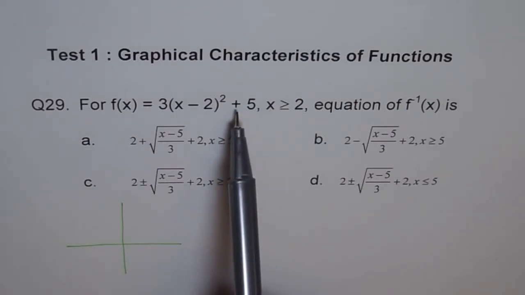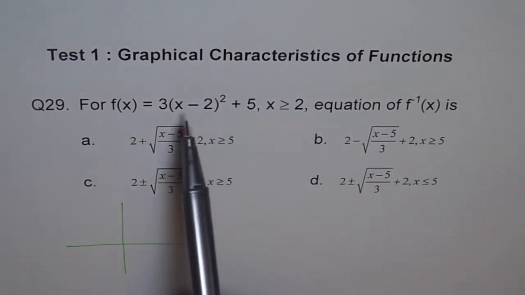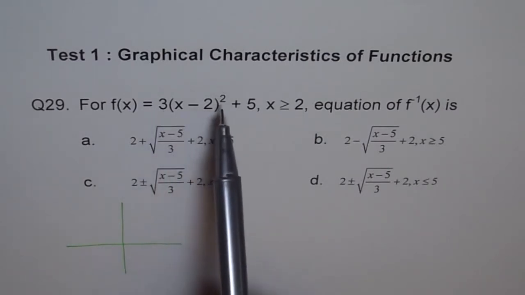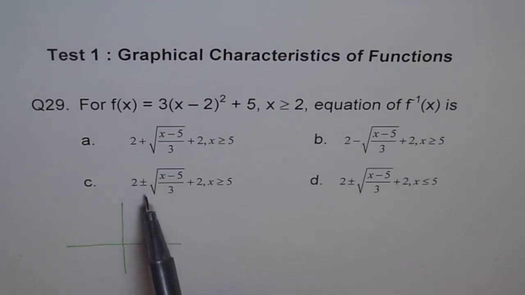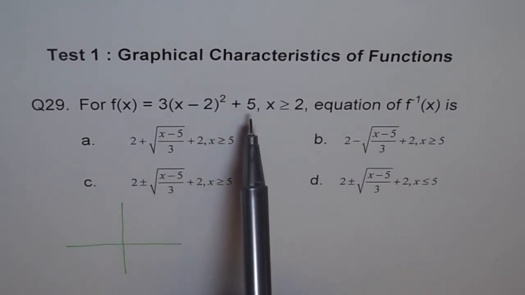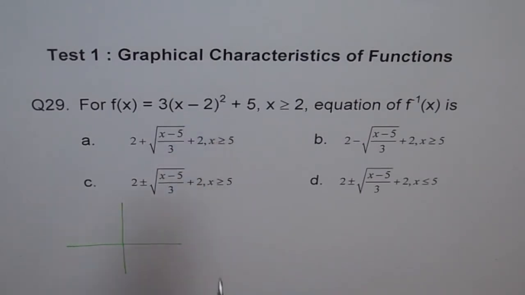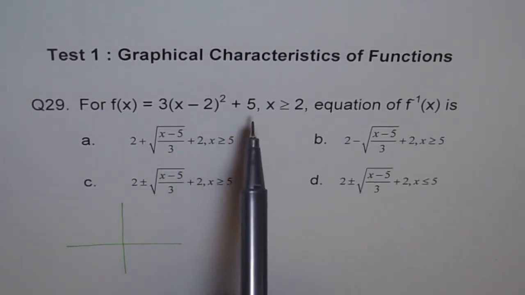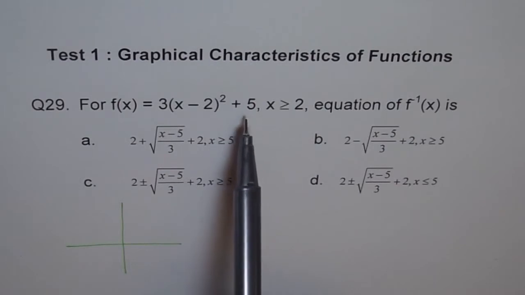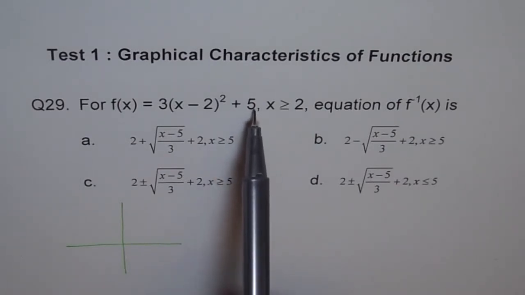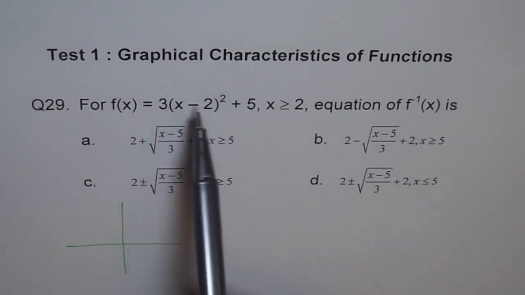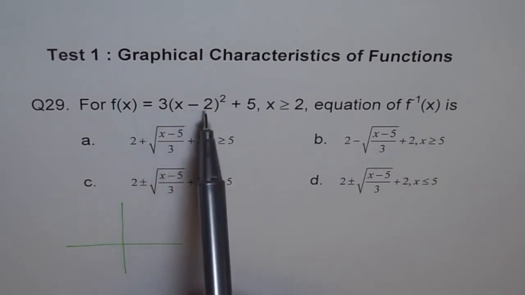So we say x minus 5, divide by 3, square root, and whenever you do square root, you do plus and minus, and then you add 2, right? Let's do it again. You have your input x, you do minus 5, then you divide by 3, then you square root, and then you add 2.